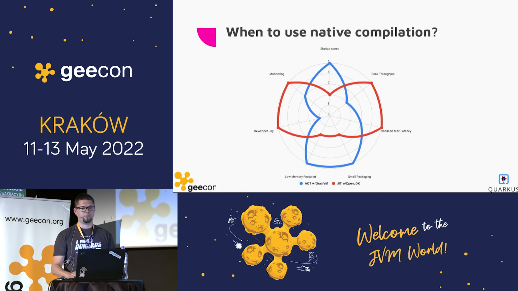If you care about reduced max latency as well, that's because on the JVM you have the JIT, the just-in-time compiler, that is able to recompile your code based on how you use it, right? It's also a bit easier to monitor JVM applications, and obviously debugging, etc., is easier with the JVM. But with startup speed or memory footprint or the size of your application, the native image is a clear winner.